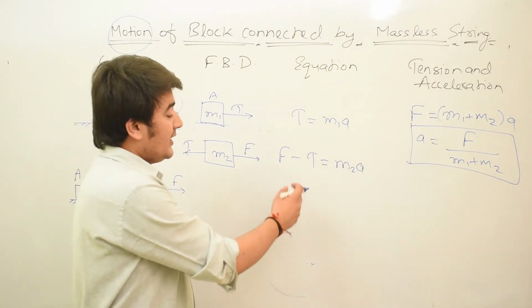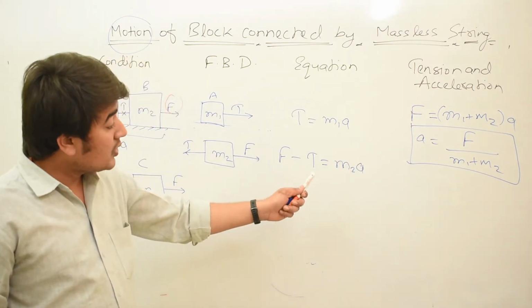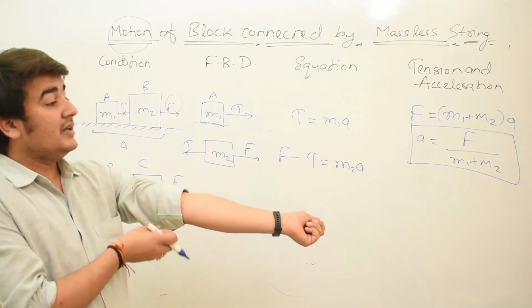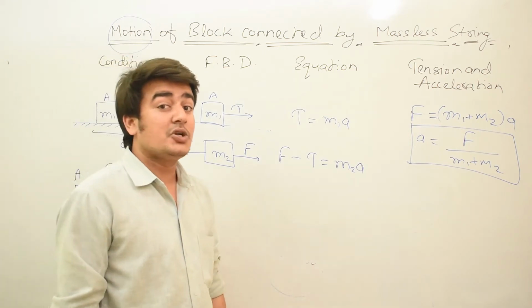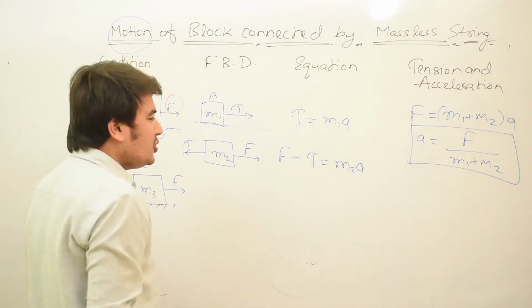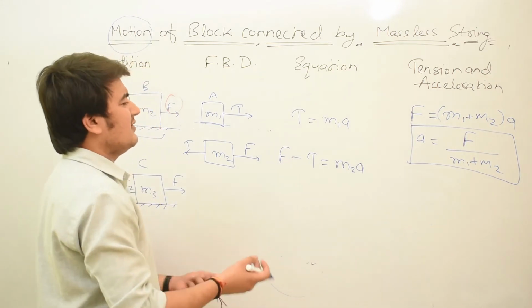Moving forward, now we have to discuss tension. What will be the magnitude of tension? What will be the equation for tension? How can you calculate it? You will say, sir, it is very easy.